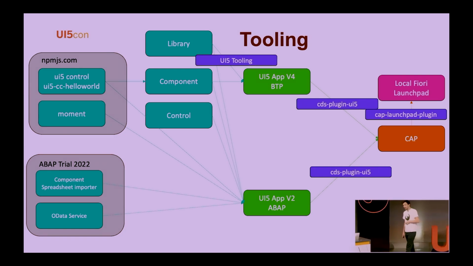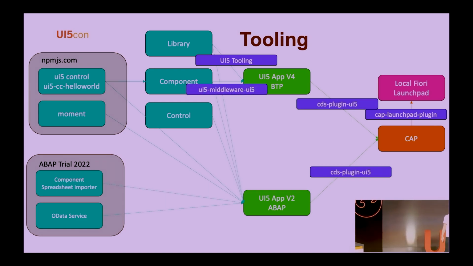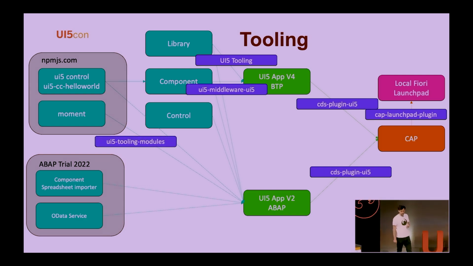Then obviously the library with the UI5 tooling, that's one of the easiest ones because the UI5 tooling is running anyway. Then the component: a UI5 app is basically a component, so that's why the middleware from there is called UI5 middleware UI5, to get it in there. Then for external npm packages, which are not UI5 controls, there's something called UI5 tooling modules.